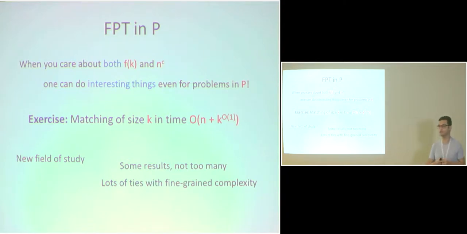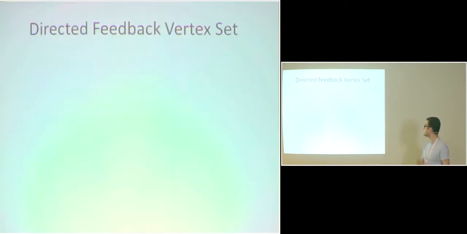So what I am going to talk about is optimizing f of k and n to the c at the same time for a classic parameterized problem, namely directed feedback vertex set. Okay, so what is directed feedback vertex set?